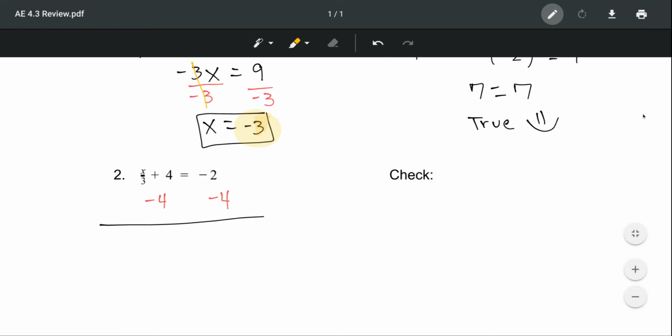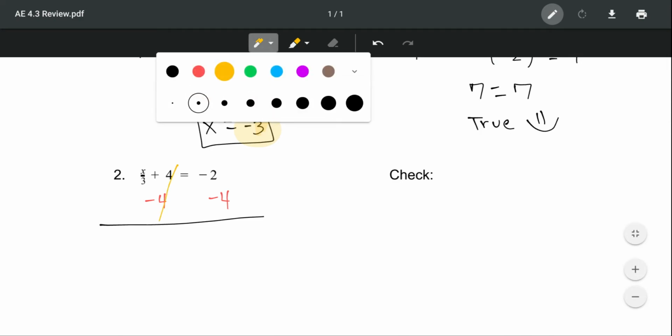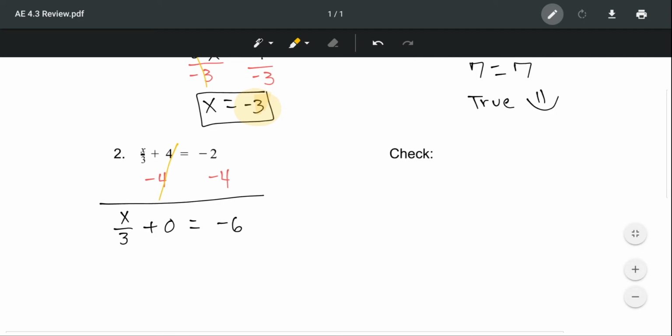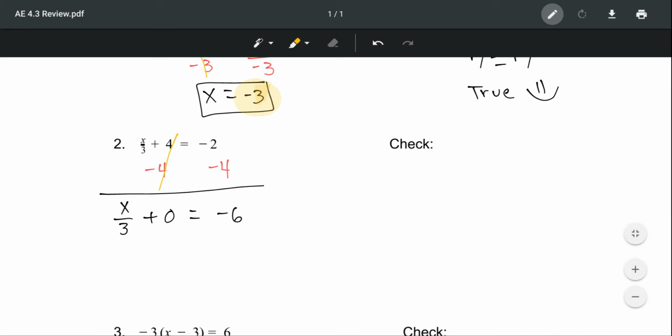So negative 4 and positive 4 are going to cancel out. So you're left with x divided by 3 plus 0 equals negative 2 plus negative 4 would be negative 6. So x divided by 3 plus 0 is just x divided by 3 equals negative 6.